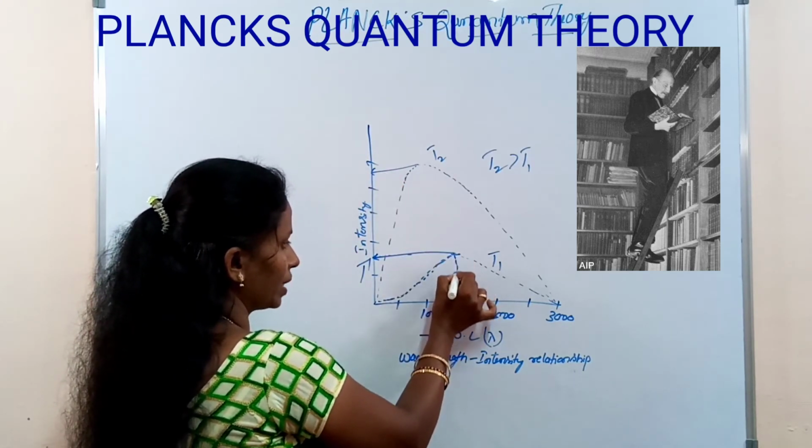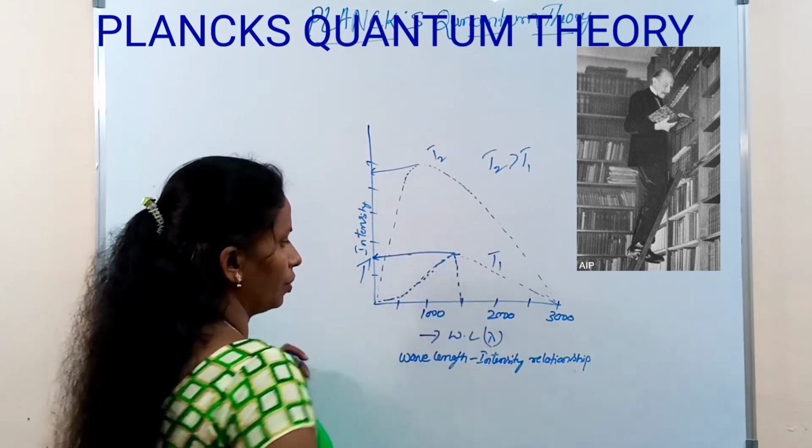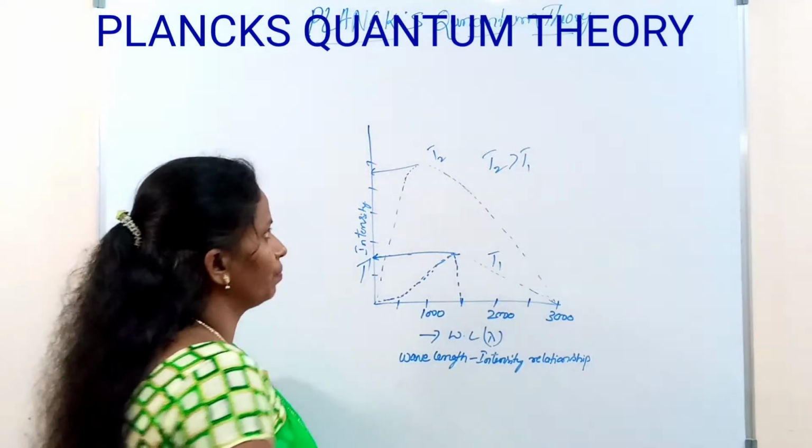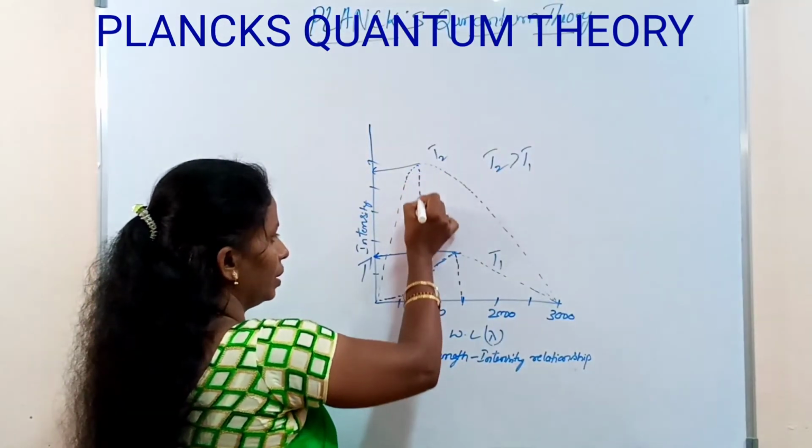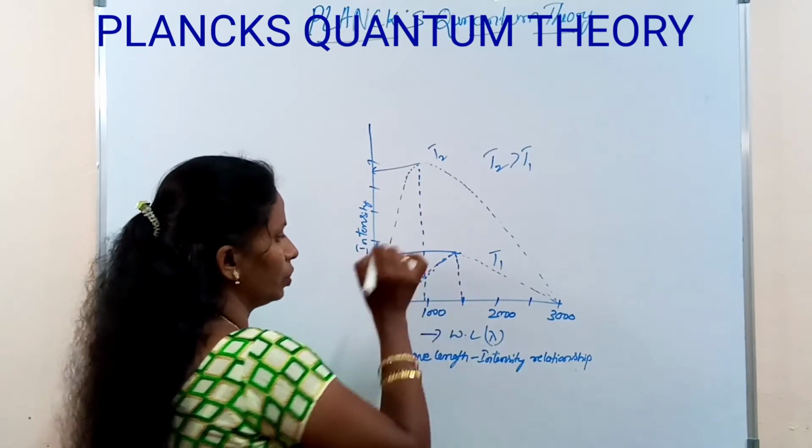With respect to this maxima the wavelength is around 1500, and with respect to this one the wavelength is around 1000.